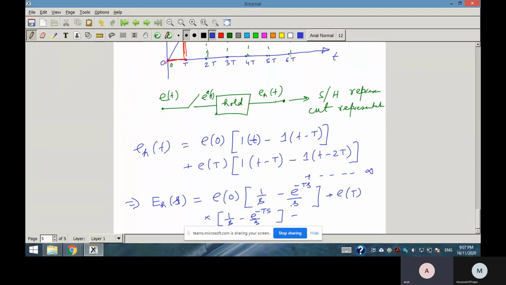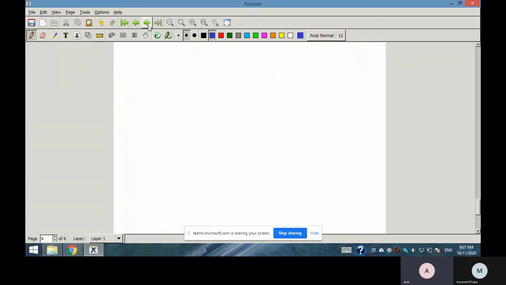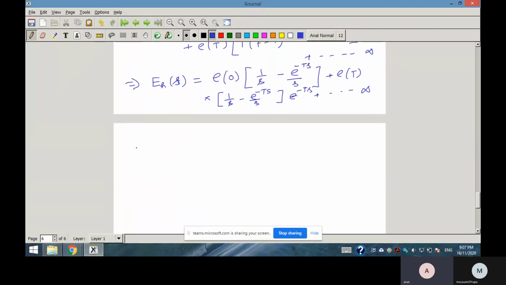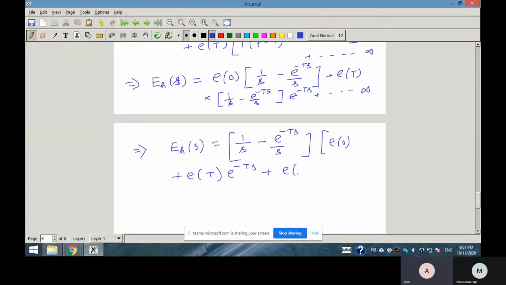It is 1/s minus e^(-Ts)/s, plus E(T) into [1/s minus e^(-Ts)/s] e^(-Ts), and so on up to infinity. Then you will get e_h(s) equal to [1/s minus e^(-Ts)/s] into [E0 plus E(T) e^(-Ts) plus E(2T) e^(-2Ts) plus up to infinity].